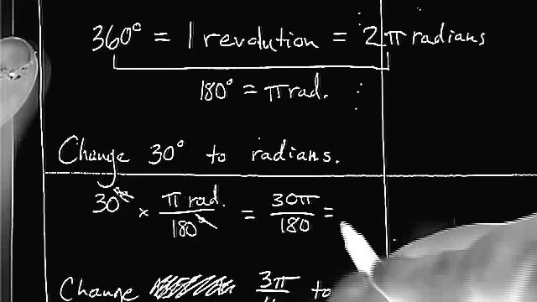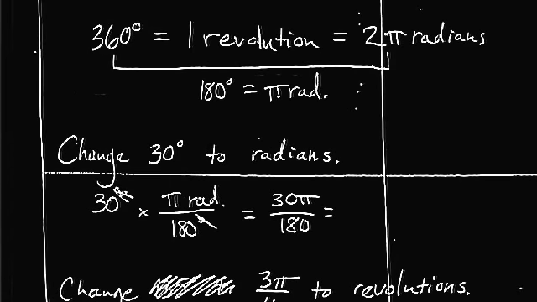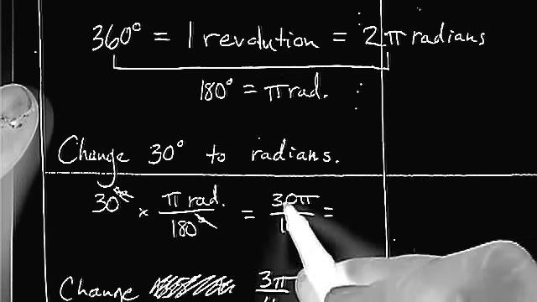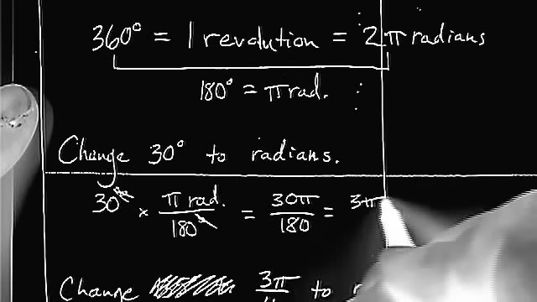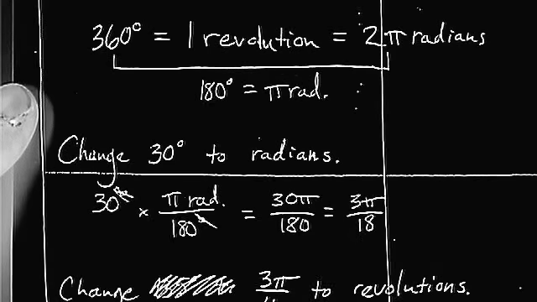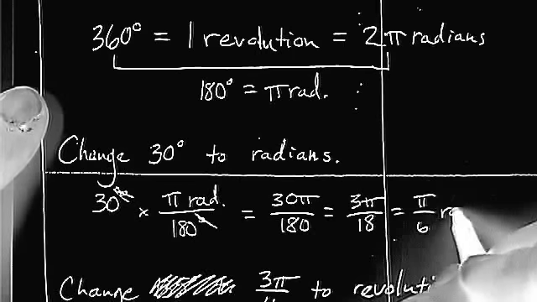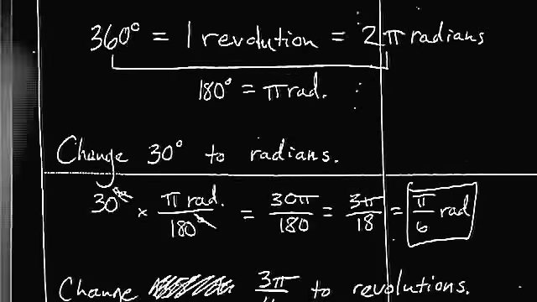It is your job to reduce it. No, you will not have a calculator. You will need to reduce that on your own, using your own brain. So, we could divide the top and the bottom by 10. And then we could continue to divide by 3. So we end up with pi over 6 radians.